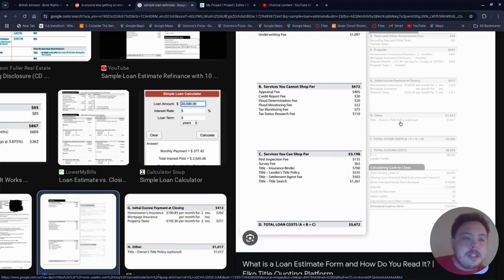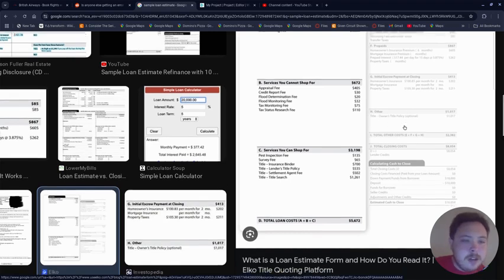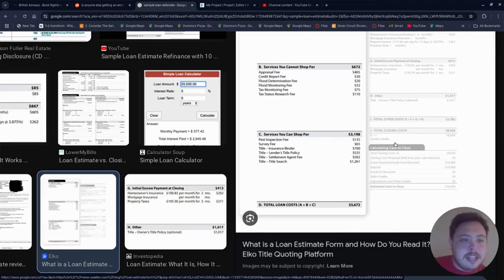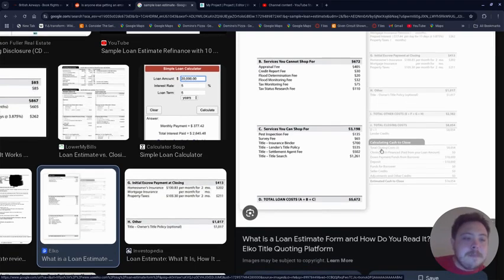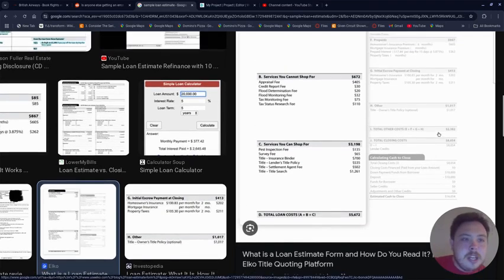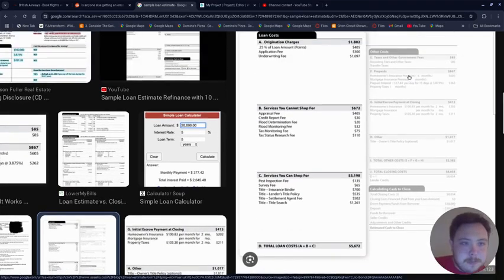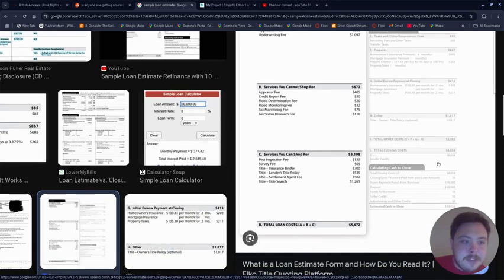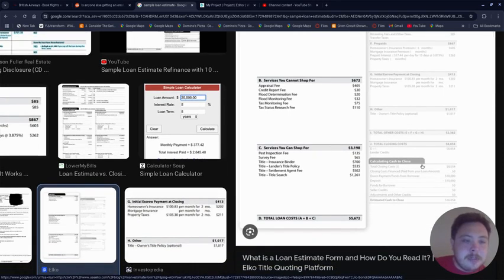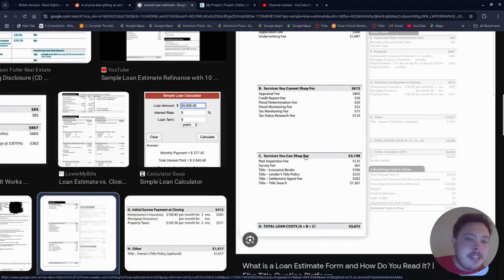And then the owner's title policy, and obviously anything can show up in other. But what this is to say is that if total closing costs have, like, $4,000 here, a lot of that can be stuff that they just didn't name in here. Stuff that you are going to pay for.